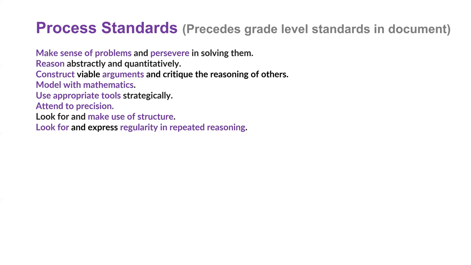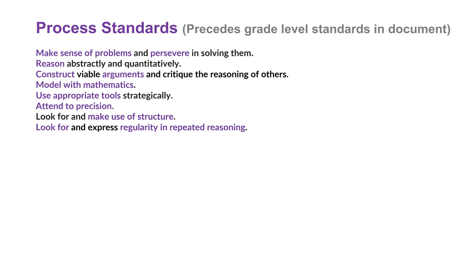Grade level standards are written to include what we consider math concepts and skills, very specifically written to each grade level. However, process standards are there at the beginning of Common Core Essential Elements and individual state standards documents, and apply to all grade levels.